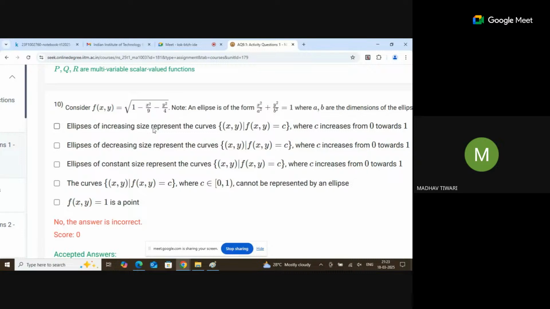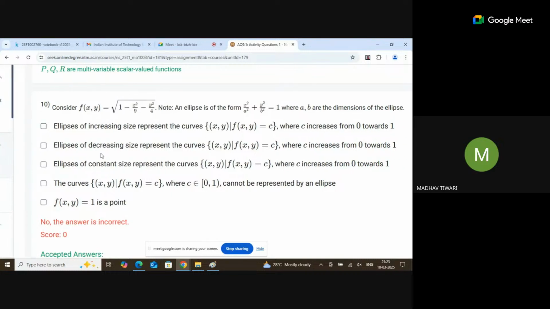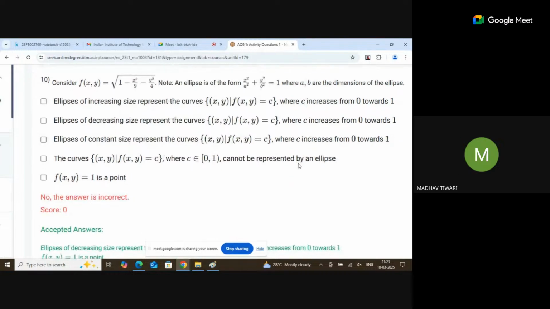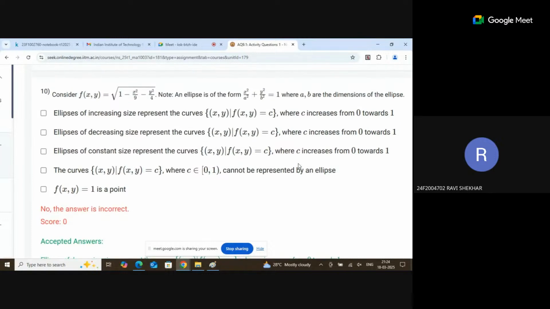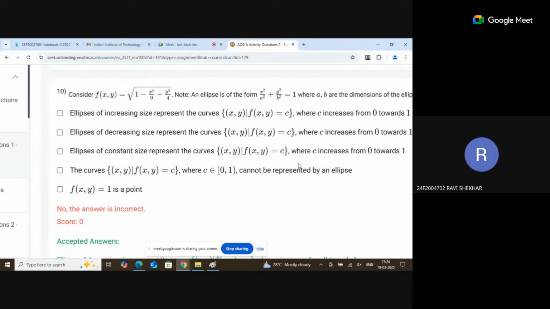And the ellipse is increasing in size if f of x, y is equal to c, as c increases from 0 to 1, decreasing in size as c increases from 0 to 1, or constant in size. Basically, it's saying: if x and y increase, what will happen to f of x, y? It is saying that c increases from 0 to 1. Okay, let me check this.